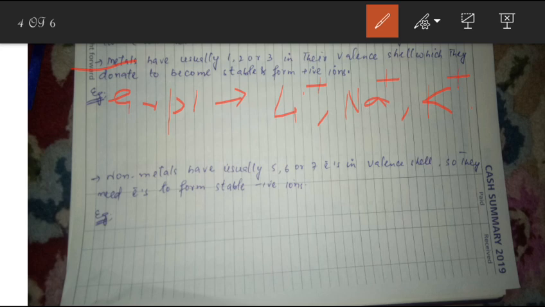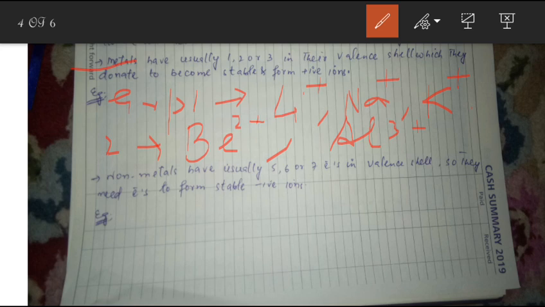In the same way, group second elements, for example beryllium, it is having 2 electrons in its valence shell. After losing the 2 electrons, it gets converted into Be2 positive. Aluminium is having 3 electrons in its valence shell. When it loses the 3 electrons, it becomes Al3 positive.